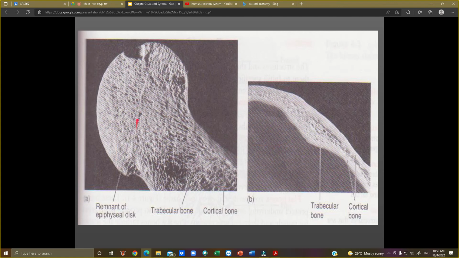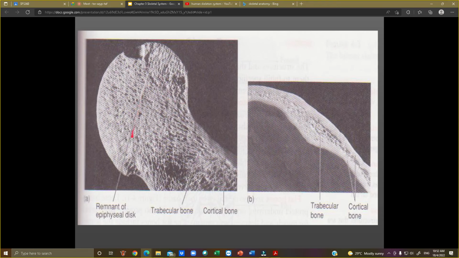Yang ini, nampak tak? Can you see this curve? Sampai sini kan dia turun. Can you see this? Semua ni trabecular, tapi dekat sini kita boleh nampak macam ada satu line putih. Just follow my red dot. Okay, sampai sini dia turun. Can you see this one?